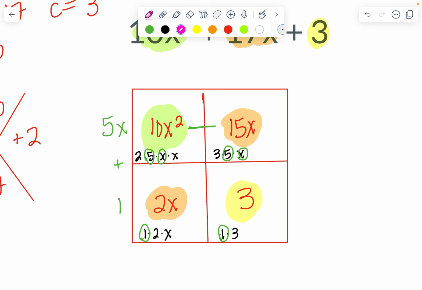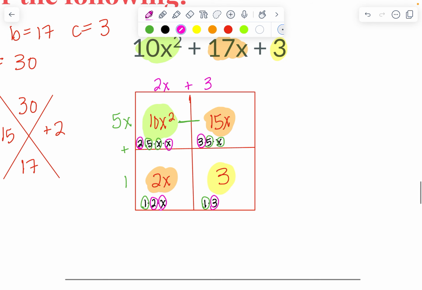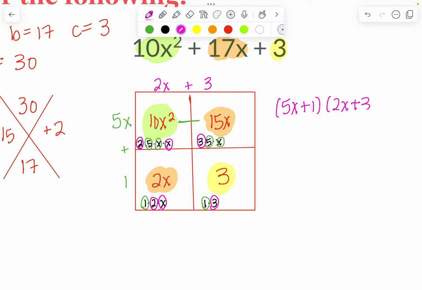If I look up and down here, the GCF of 10x squared and 2x is just 2x. And then the GCF of 15x and 3 is 3. So my final answer then, 5x plus 1, 2x plus 3.